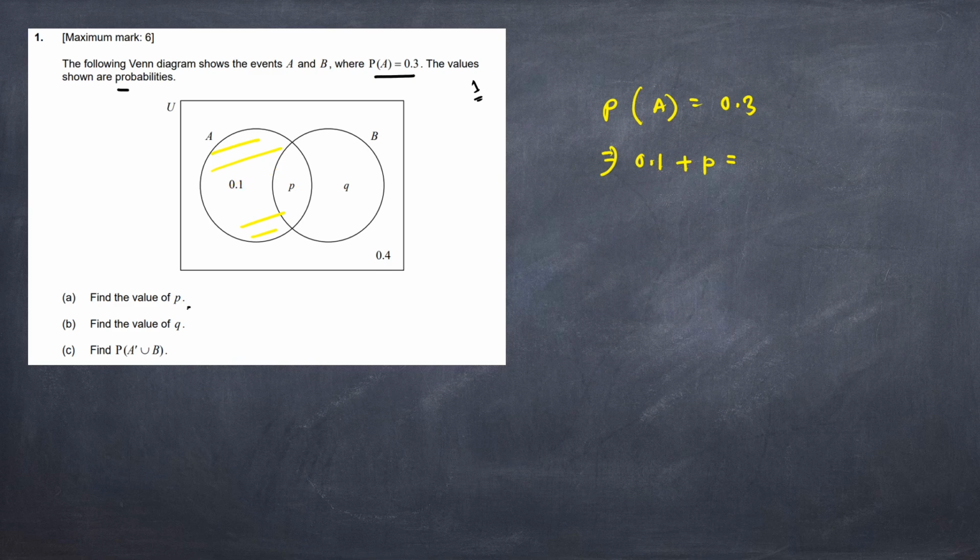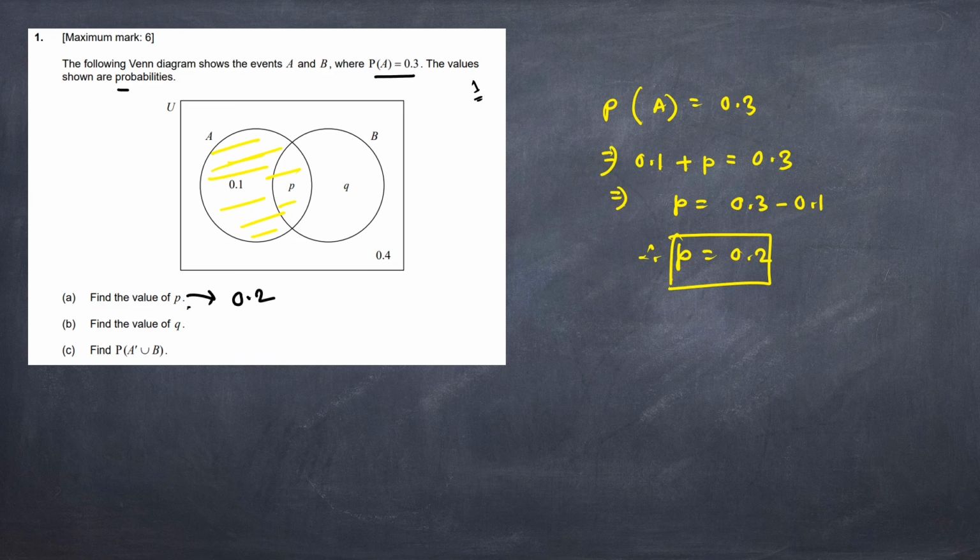So we can write 0.1 plus P is equal to 0.3. From here P is equal to 0.3 minus 0.1. So we are getting P is equal to 0.2. So the value of P is 0.2.